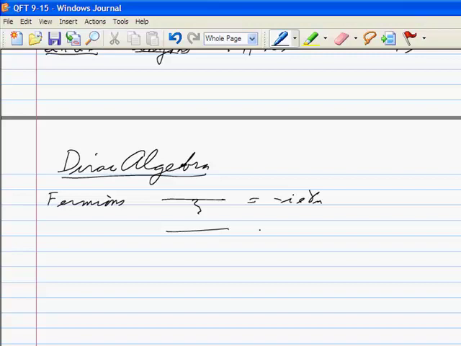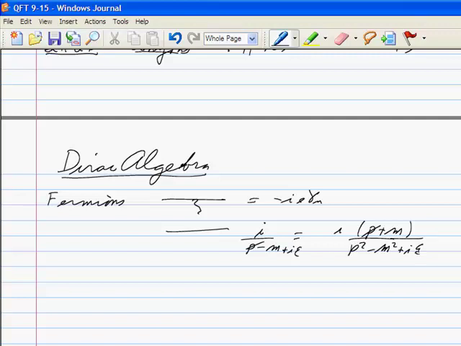If we have a propagator, it's i over p slash minus m, which really is i (p slash plus m) over p squared minus m squared. Okay, there's a plus i epsilon implied.